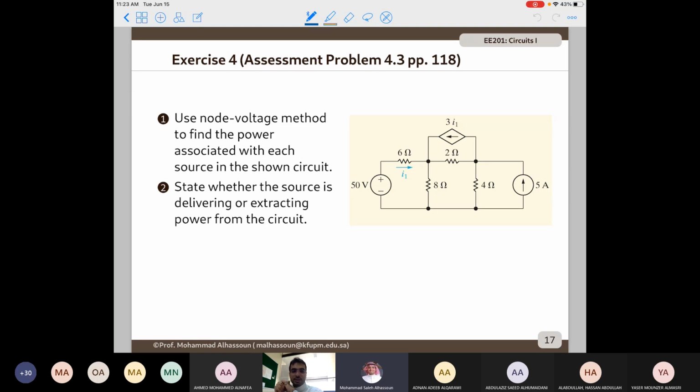So we have 3 sources here, 2 independent sources and 1 dependent source. Go ahead, Hassan. We have 3 nodes, V1 and V2 in the upper part, and the reference, the ground. Okay, good.